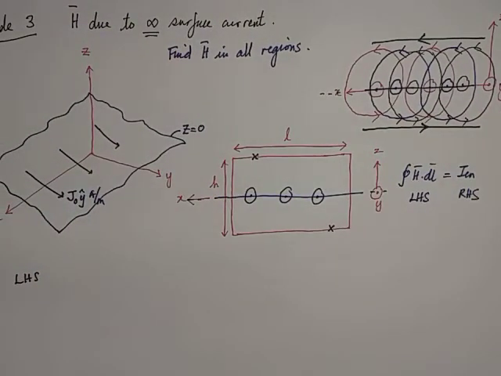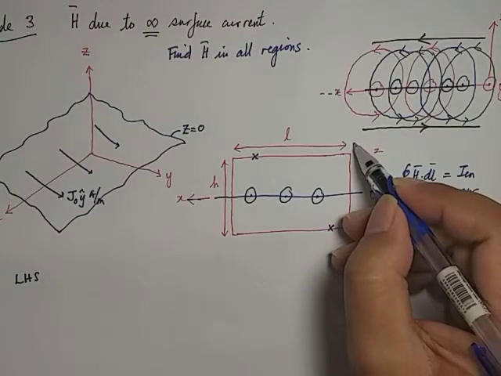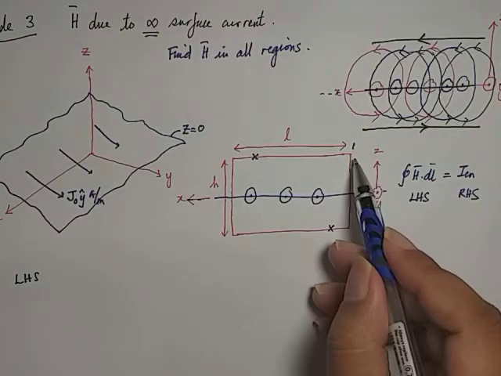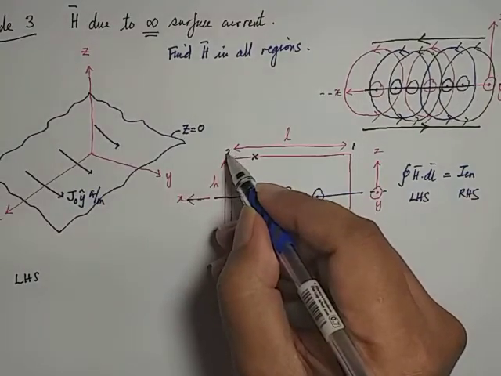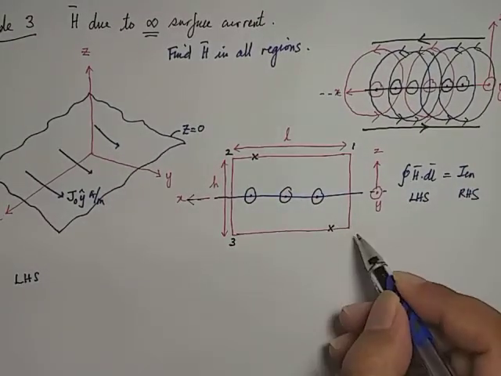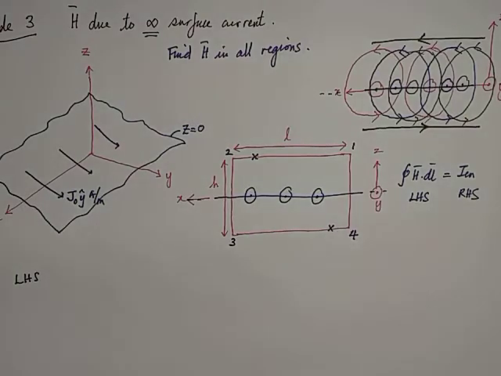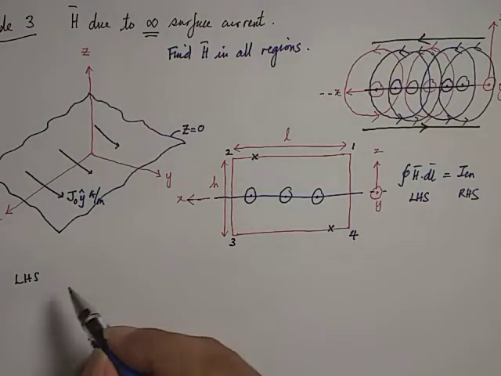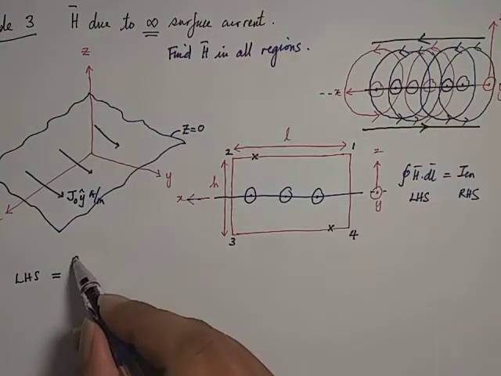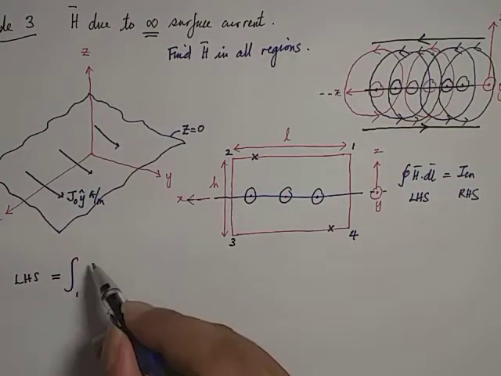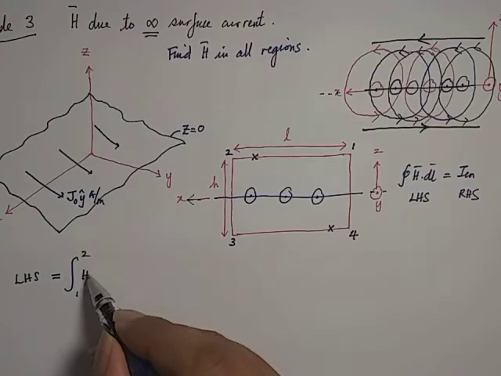I'm going to define now my box, having number 1 at the edge here, and I'm going to indicate number 2, number 3, number 4. So for the left-hand side, this mathematics consists of the integral from 1 to 2 of H dot dl.